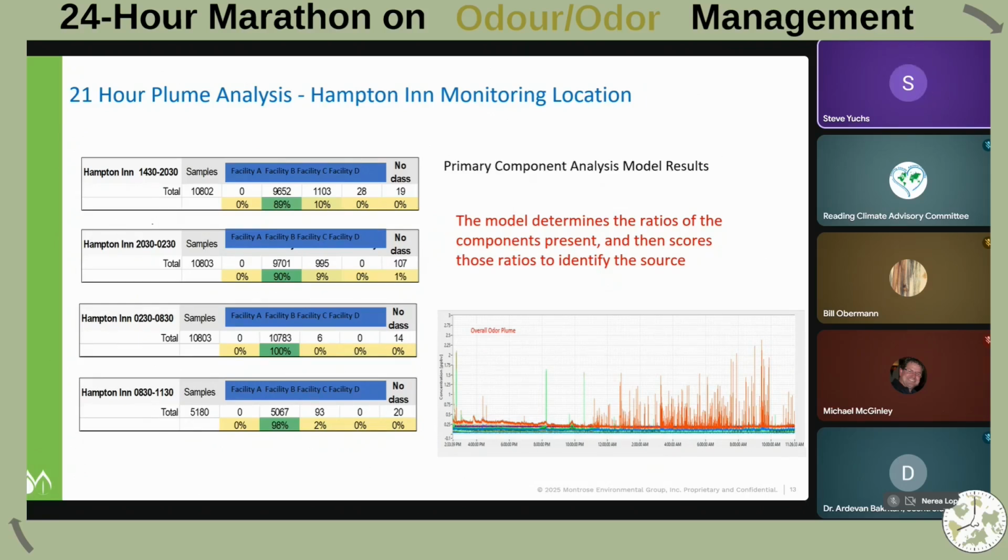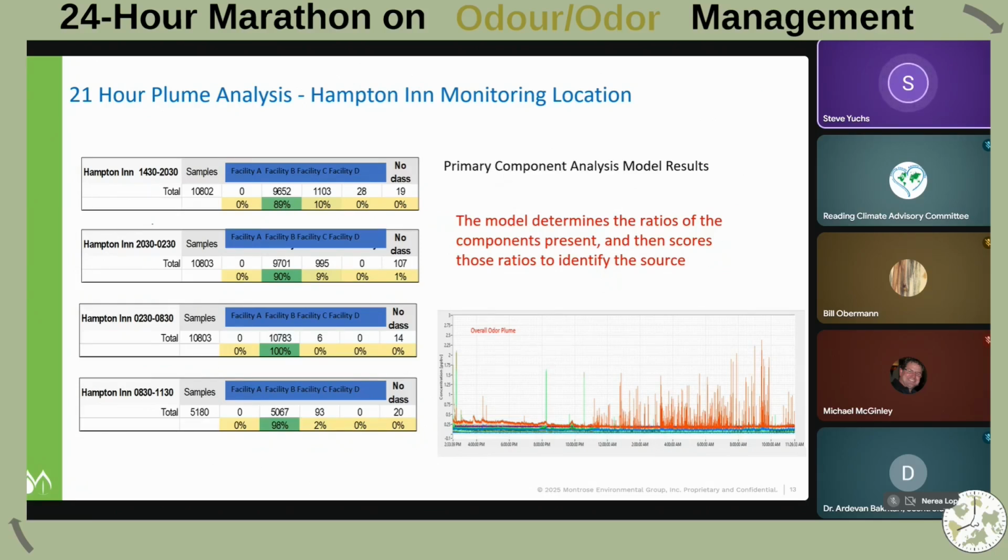I won't tell you which facility is which up here, but those are the 4 that we're looking at. So collecting the data, running the data through the models that Sartorius came up with, we find that 89% of the odor from this plume during this time frame can be attributed to facility B, 10% to facility C. We did have some we couldn't assign to each class, and this happens throughout the whole time frame.